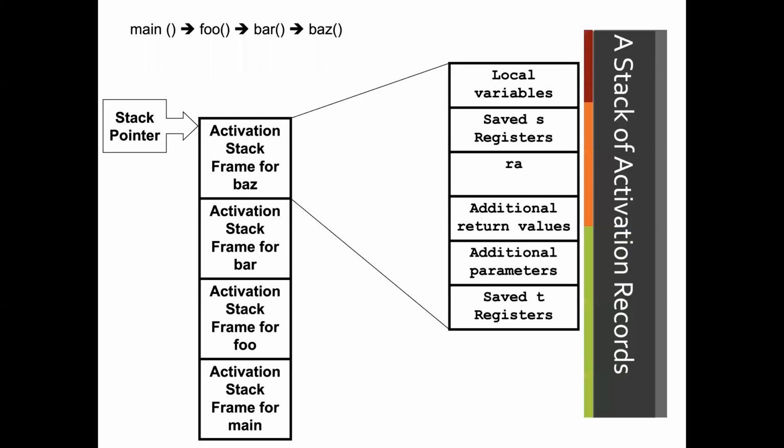And so now let's return our attention to better understanding an activation record and how it occurs. Let's say we consider a number of different methods that are nested within one another. We have our main method, which calls foo, which then calls bar, which then calls buzz.